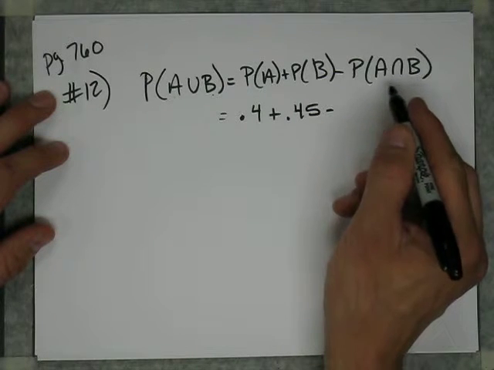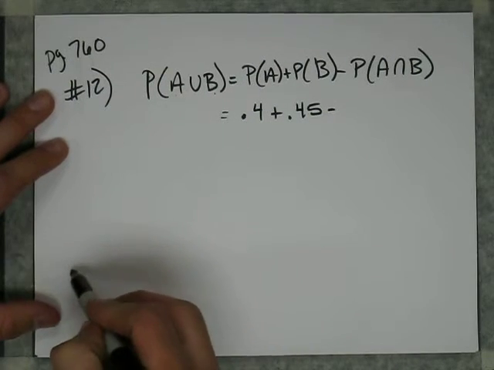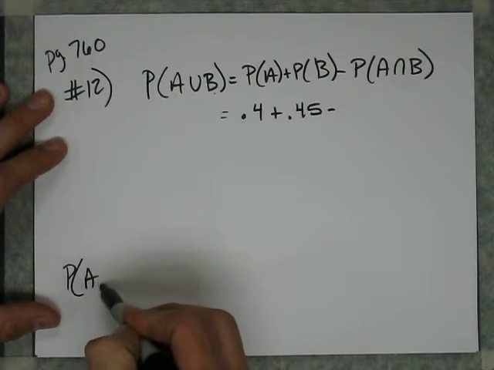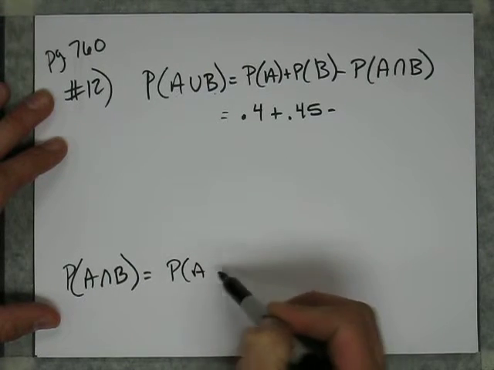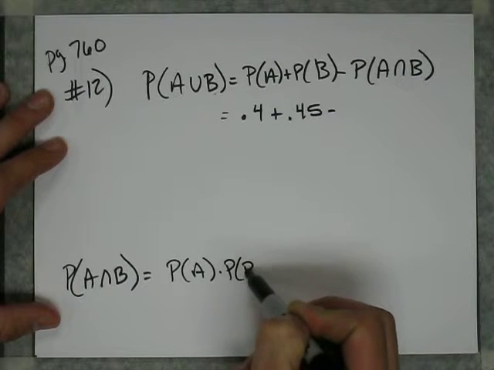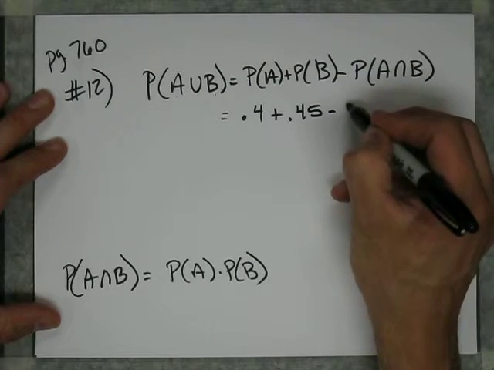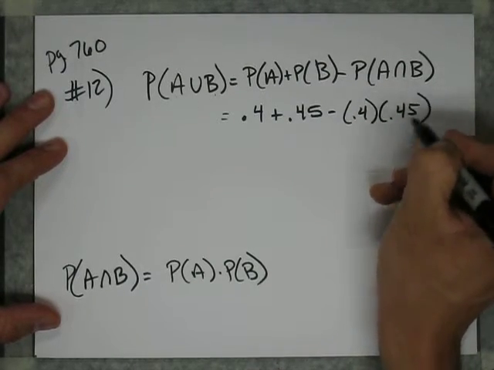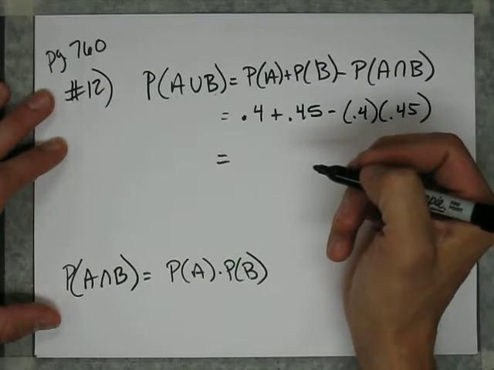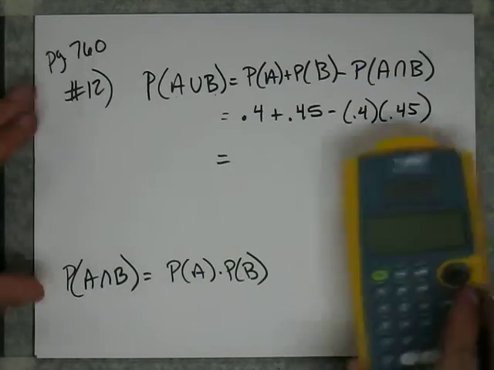Remember, the probability of A intersection B is equal to the probability of A times the probability of B. So for that, we say minus 0.4 times 0.45.